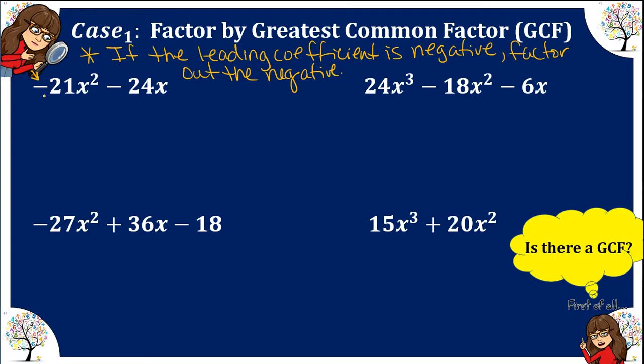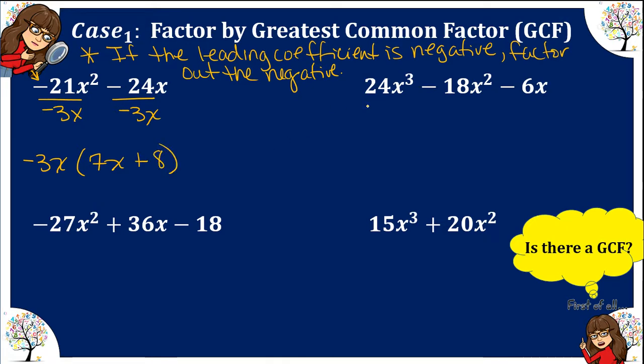So in this example, I am definitely going to factor out a negative, but also I notice that 3x can divide into both of these terms. So we're going to divide out negative 3x, which is the greatest common factor. So bring your GCF out front, and then we're left with 7x plus 8.